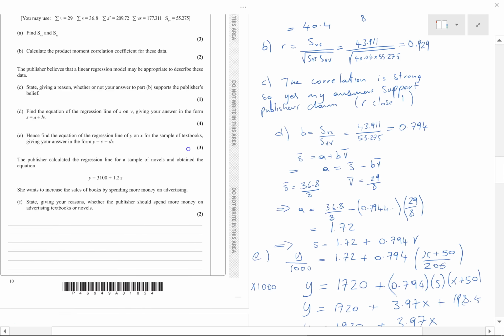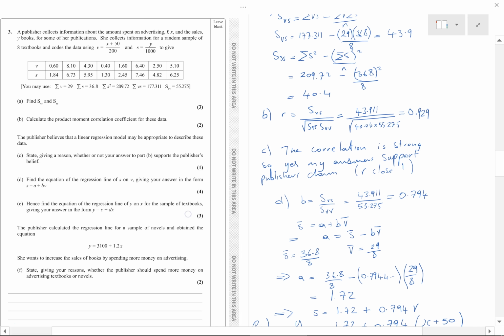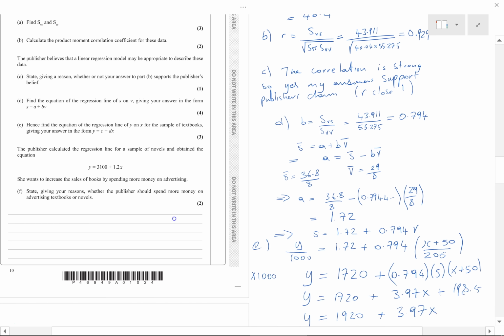Well, let's have a look back at what the whole thing's about. A publisher collects information about amount spent on advertising and sales for some of her publications. She collects information about the amount spent on advertising and the number of books sold.